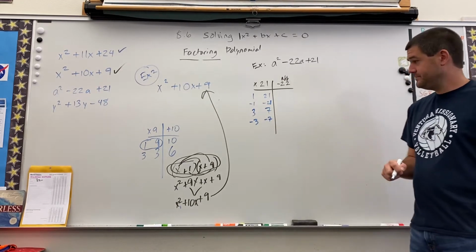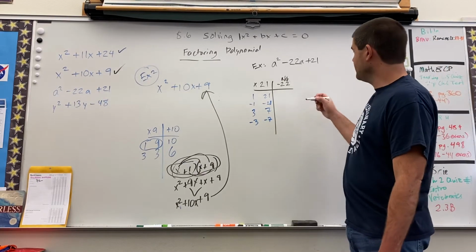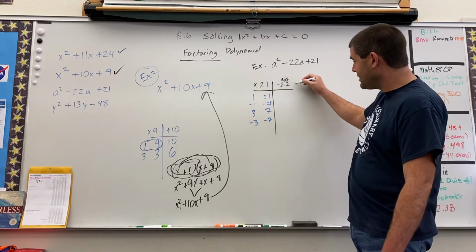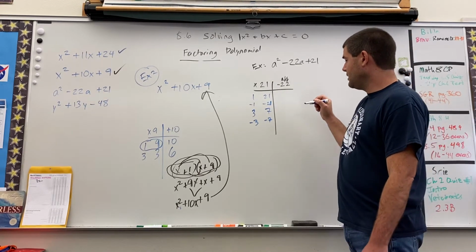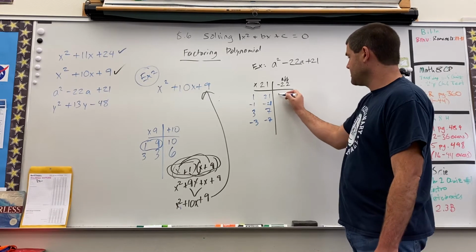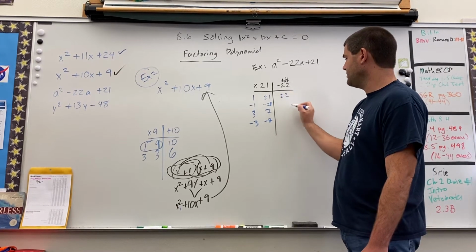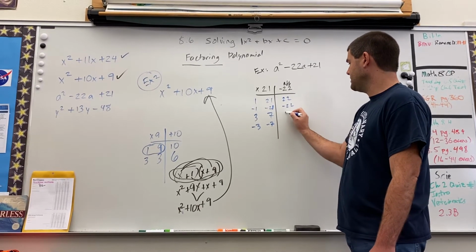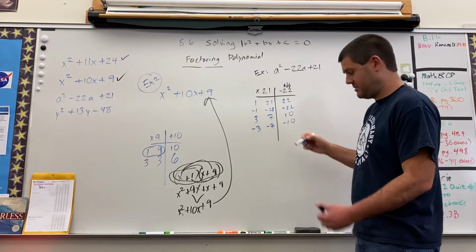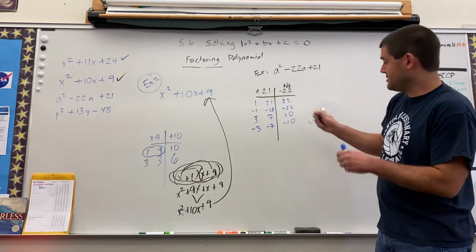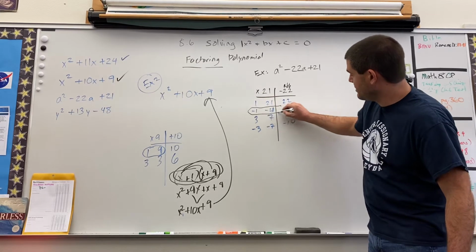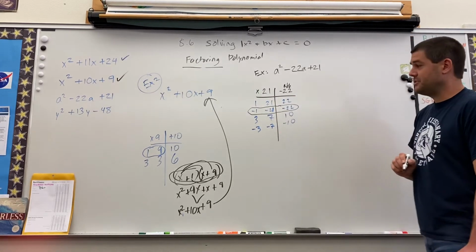Those work as well. So let's try them out. We need to figure out which ones add up to negative 22. Well, if I add these together, I get positive 22, negative 22, 10, and negative 10. Well, obviously this would be the one that we want to use.